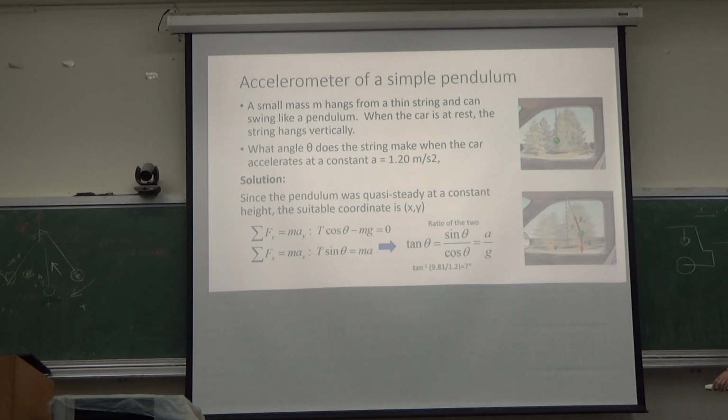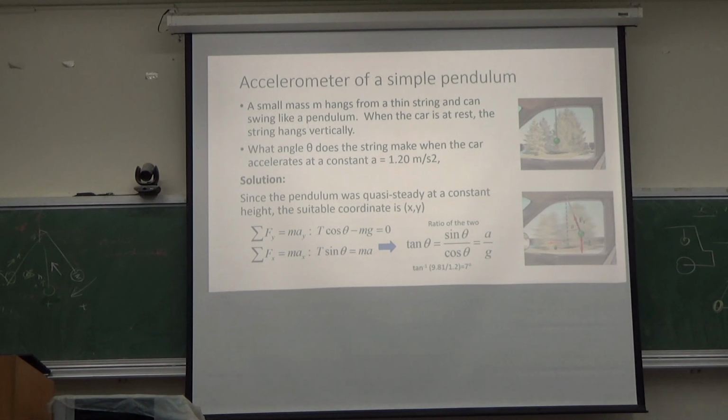So in this case, how do you describe the motion? Because I know that the car is moving with forward acceleration, so does my mass, so does my pendulum, even though it's swinging back.